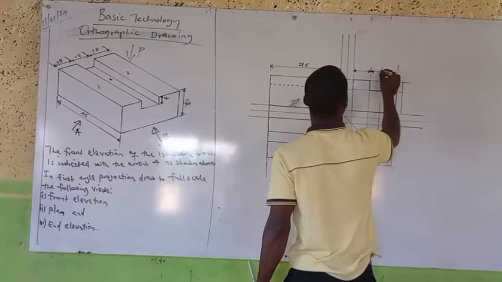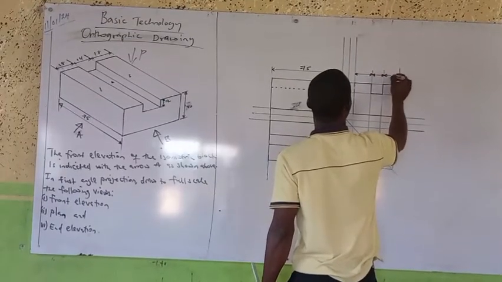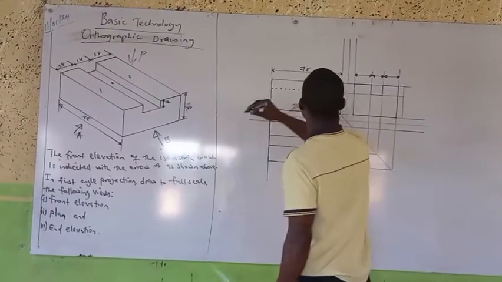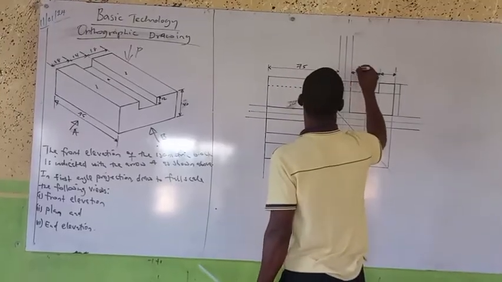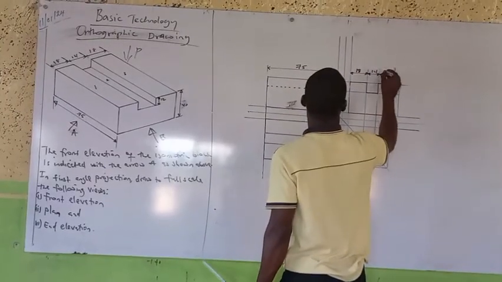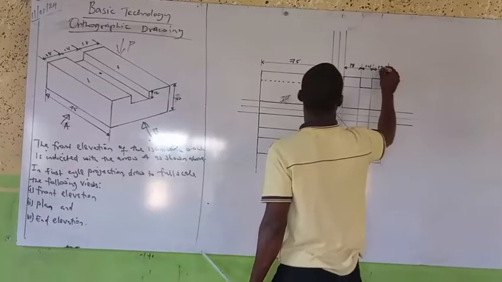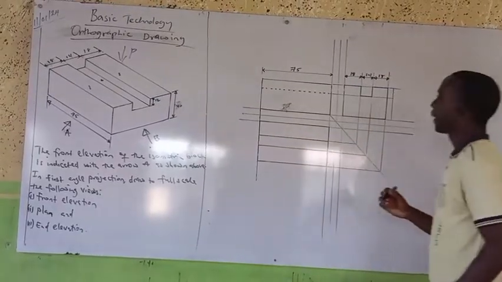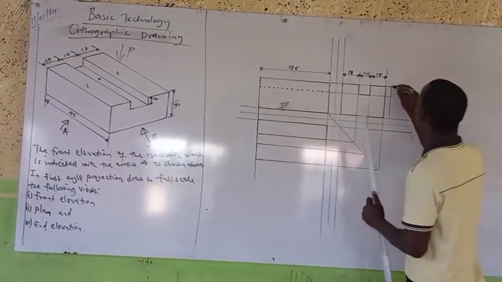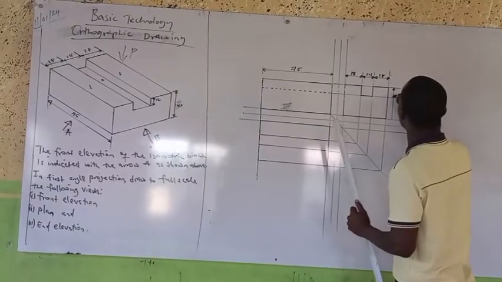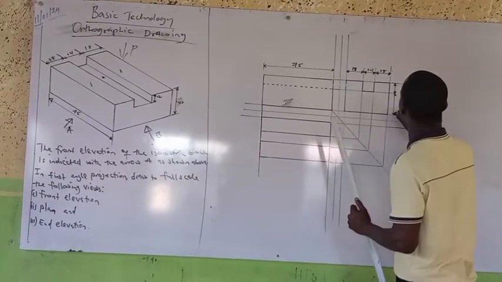And here to here. Of course, we have 18, 14, and what? 15. What is the height from here to here?